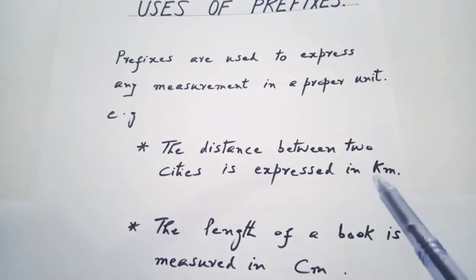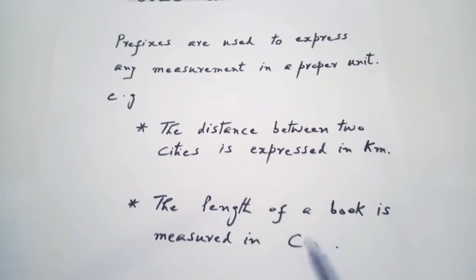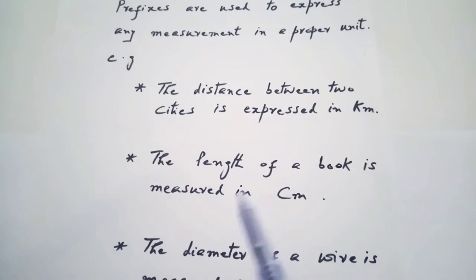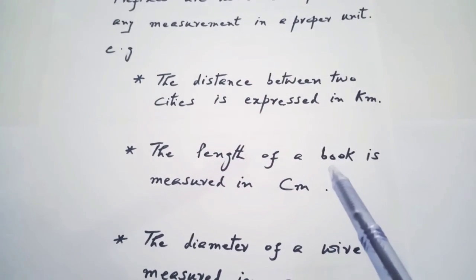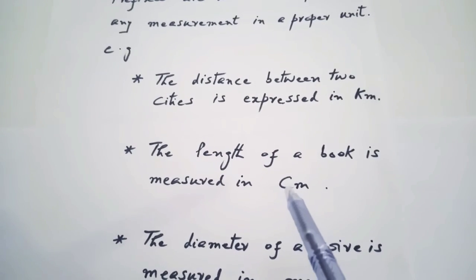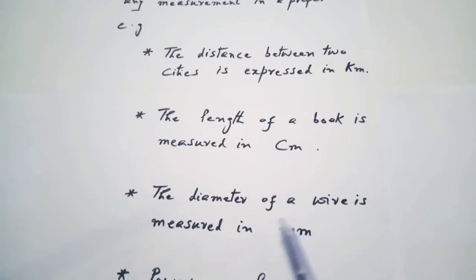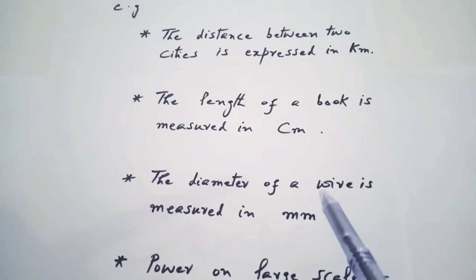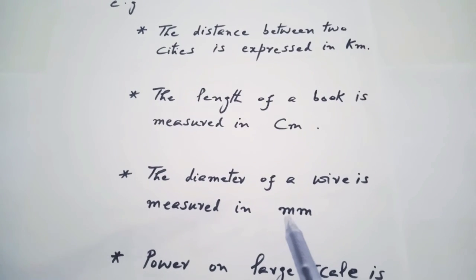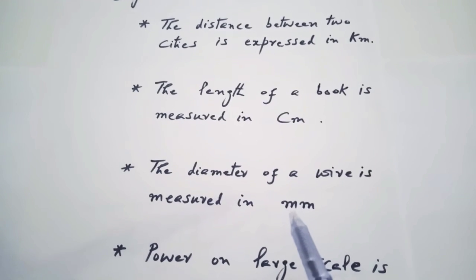K is the prefix. For example, the length of a book is measured in centimeter. Because the length of a book is a small measurement, we use centi as the prefix. The diameter of a wire is measured in millimeter because diameter is a very small measurement.